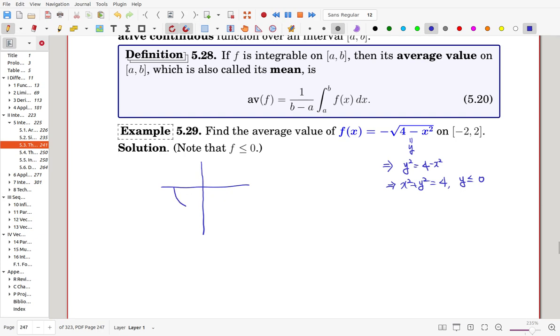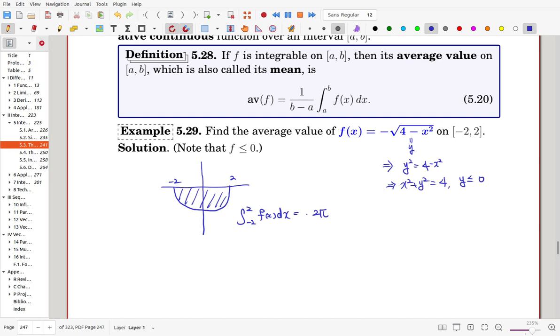So that one will give, from -2 to 2, the integral of f of x, which will be the area. The whole circle's area is pi r squared, so 4 pi, and half will be 2 pi.